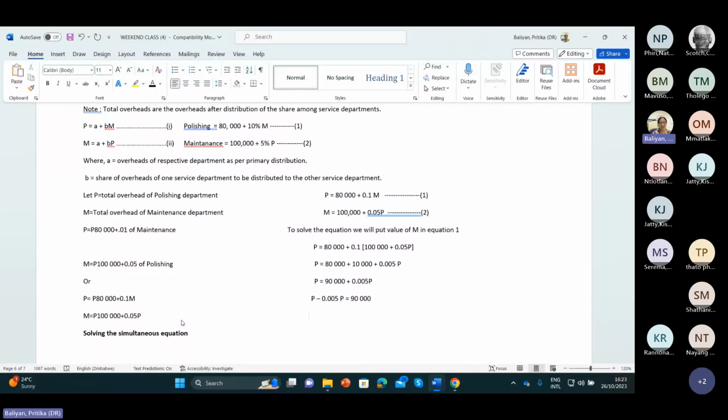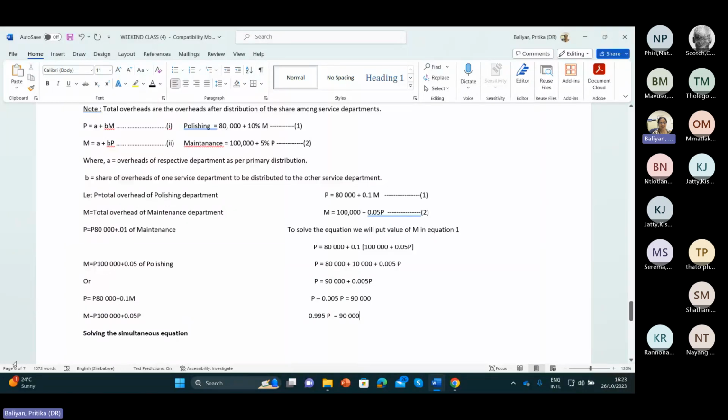What is 1 minus 0.005? How much will you get? How much do you get? 0.995. Yes. So it's 0.995 P equals 90,000.